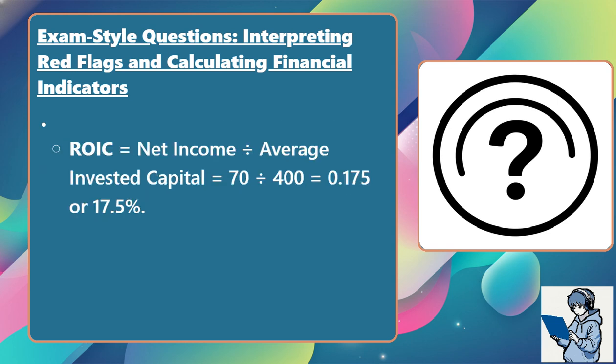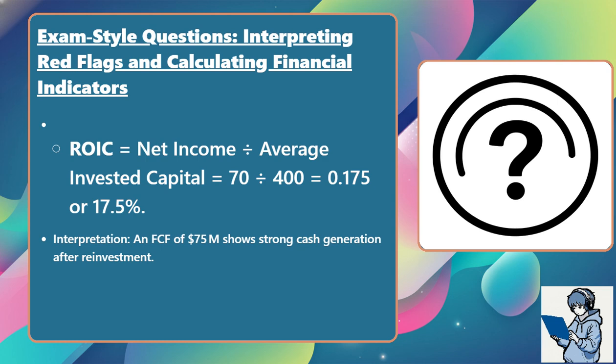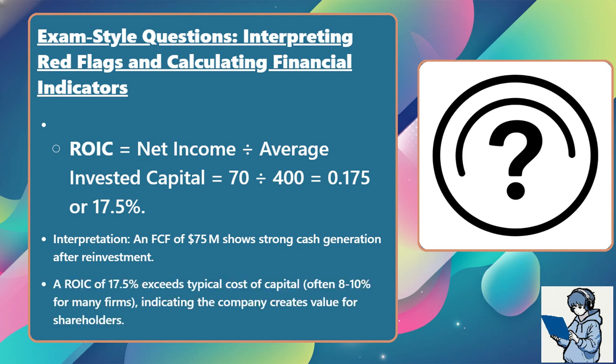Return on invested capital equals net income divided by average invested capital equals 70 divided by 400 equals 0.175, or 17.5%. Interpretation: an FCF of $75 million shows strong cash generation after reinvestment. A ROIC of 17.5% exceeds typical cost of capital, often 8 to 10% for many firms, indicating the company creates value.